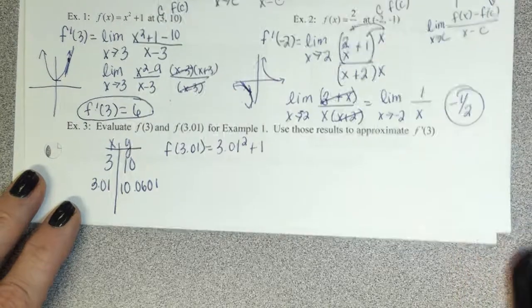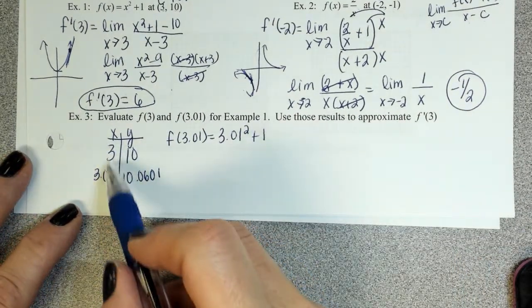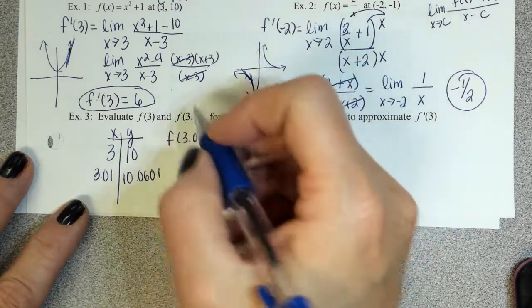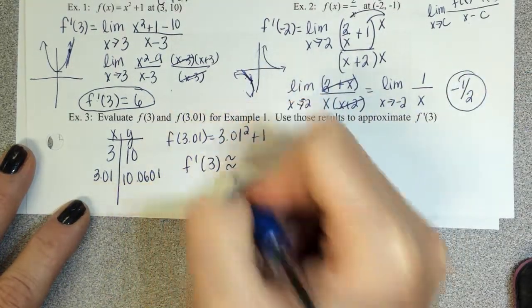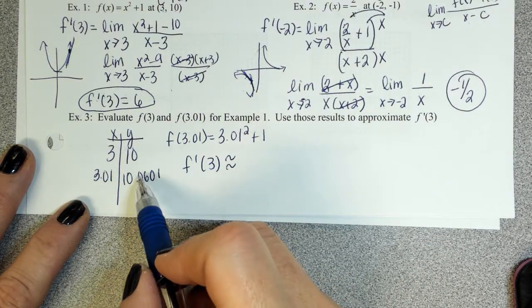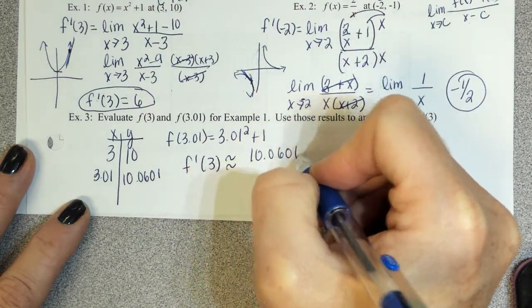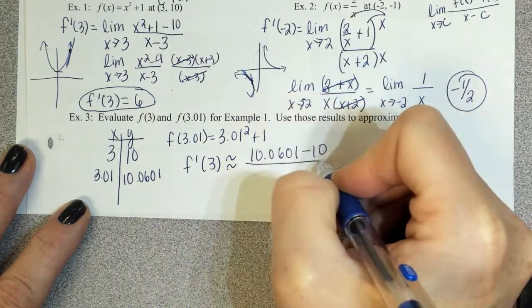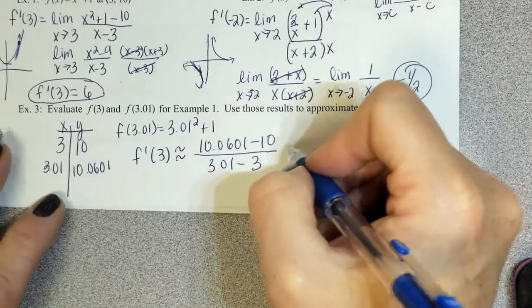So see, we're talking about this numerical way that we can find slope. So once I have two x's and two y's, I can now just estimate the slope. F prime of 3, now this is going to be approximate because I'm just kind of using another method that's not as exact, is going to be 10.0601 minus 10 over 3.01 minus 3.